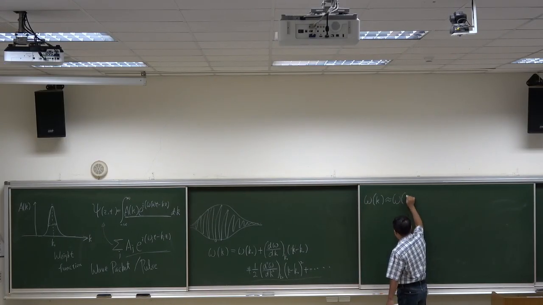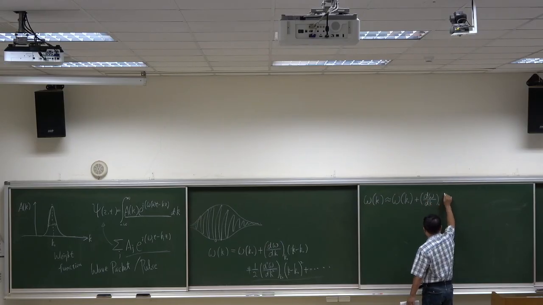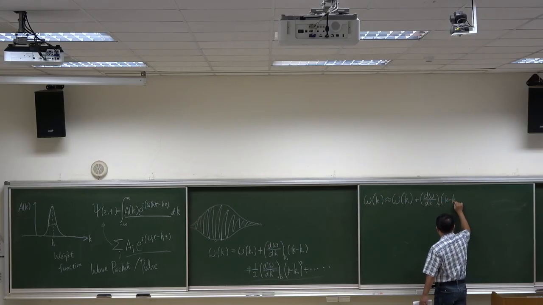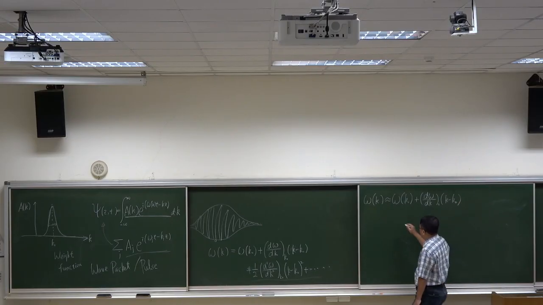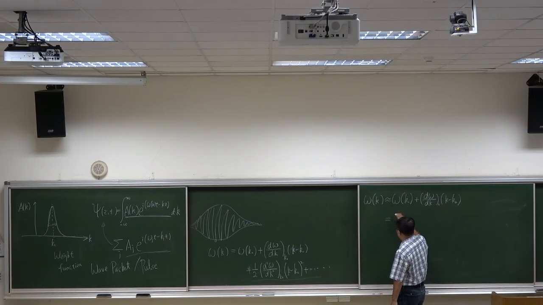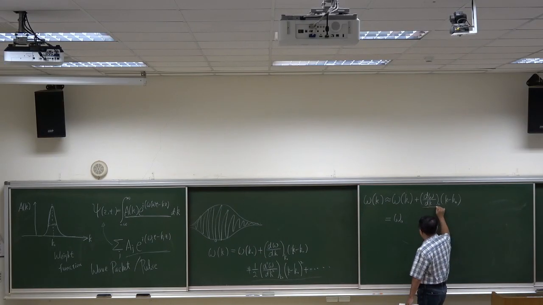So we can approximate omega(k) as omega of k naught plus the first derivative times k minus k naught. In the textbook, the author used a simplified notation to denote this, as omega naught. And we know this derivative is nothing but the group velocity.